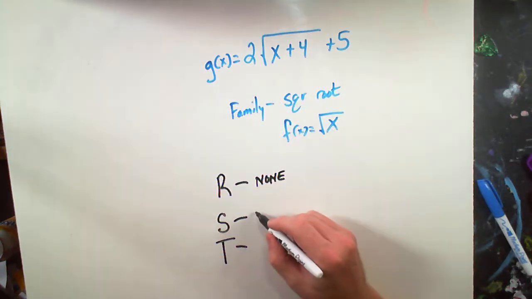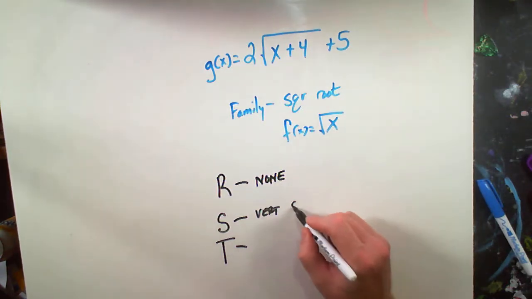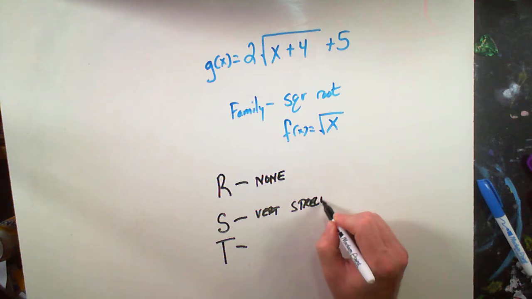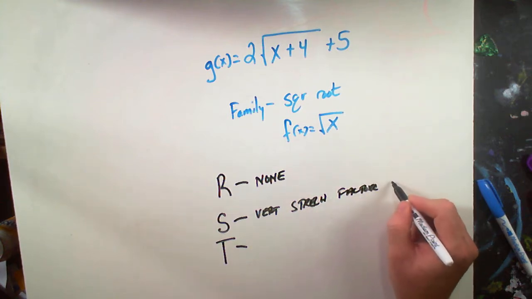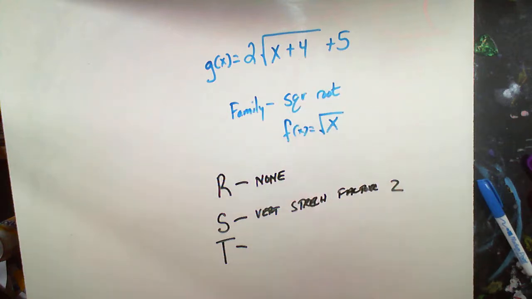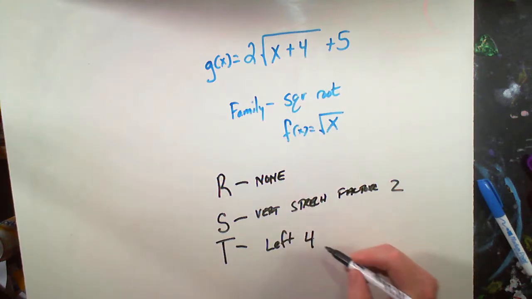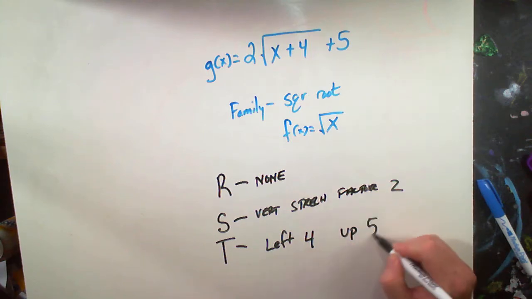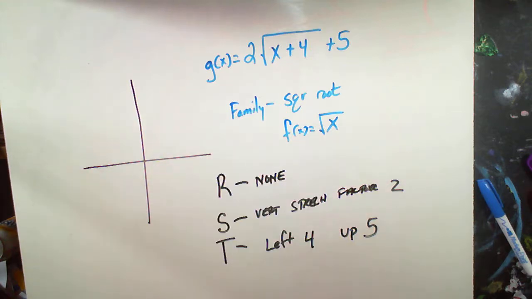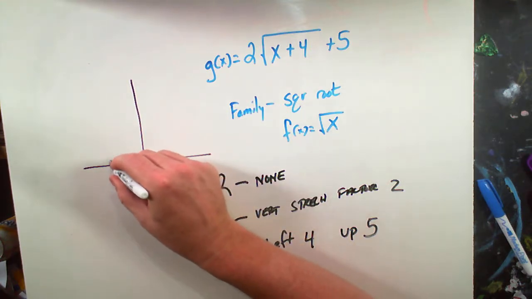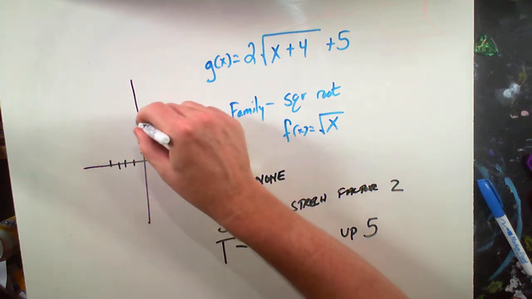That 2 tells us we have a vertical stretch, factor of 2. And then we have 2 translations. We are going to go left 4 and up 5. Left 4, up 5.